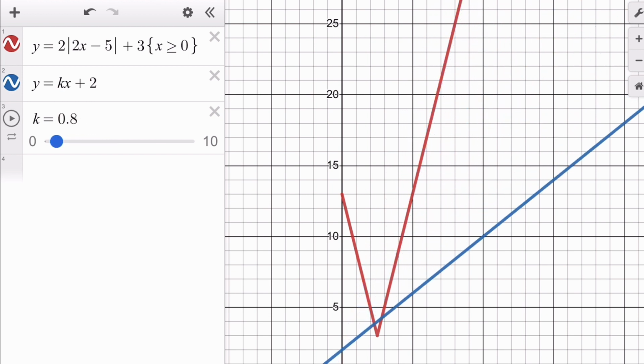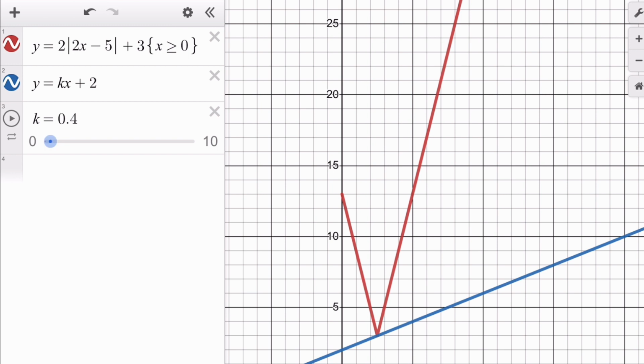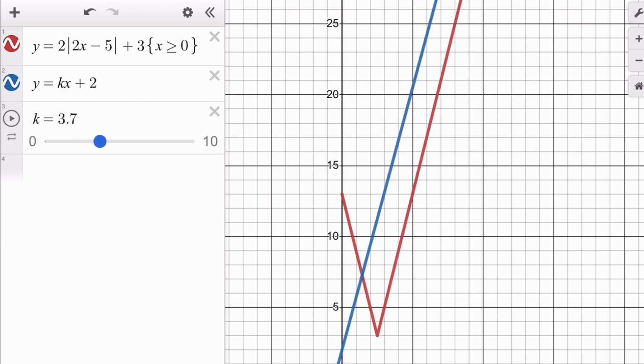And then at some point, I will go exactly through the vertex, and I will be looking at a single point of intersection. So the solutions we're trying to get for k, in order to have 2 distinct cuts, is for us to be greater than the vertex and less than being parallel to the line there.